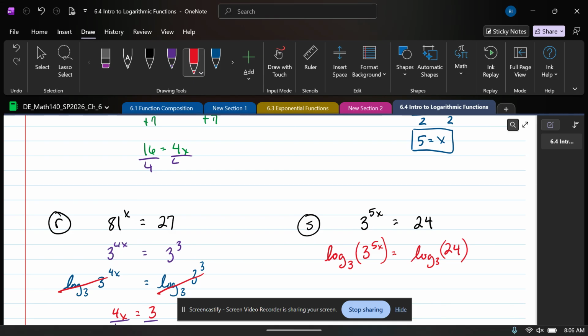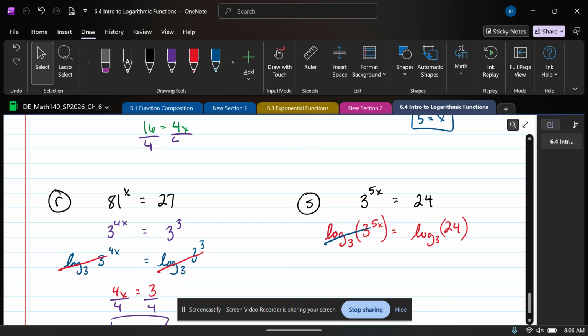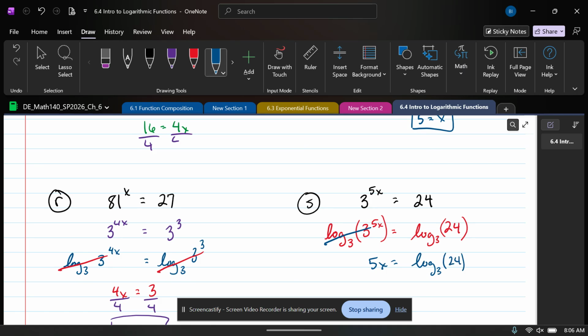On the right-hand side, log base 3 of 24 is a decimal number. It's a number. So we're just getting rid of the base 3 and getting that exponent with the x in it down here and getting 5x is equal to log base 3 of 24. Log base 3 of 24, again, that's just a number.